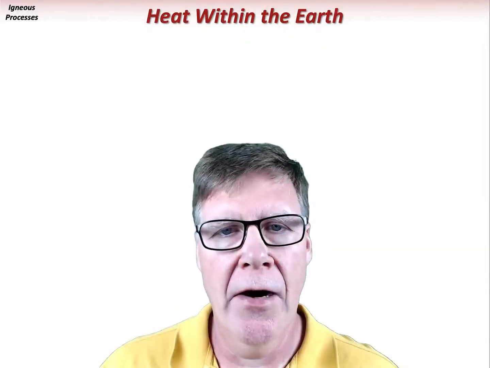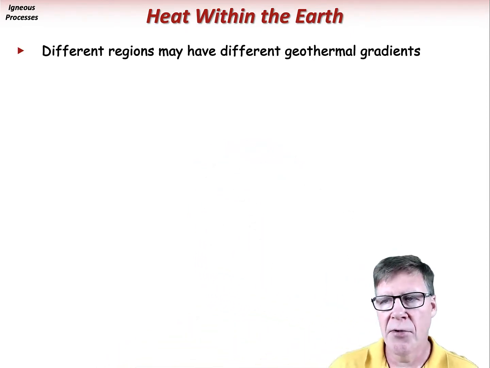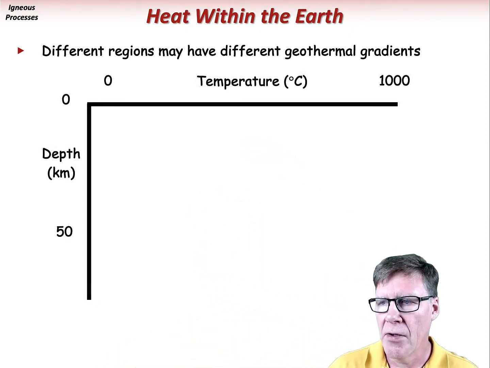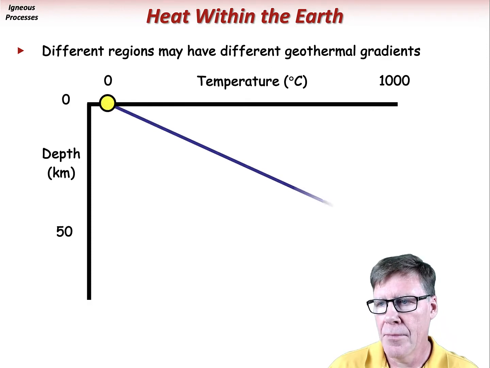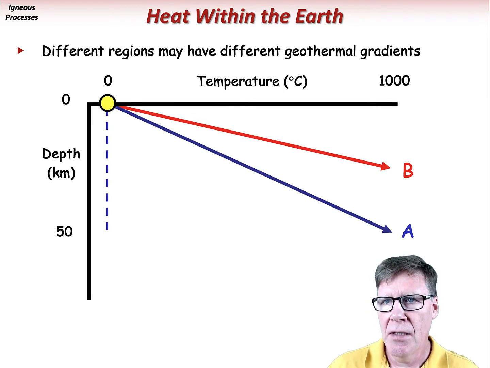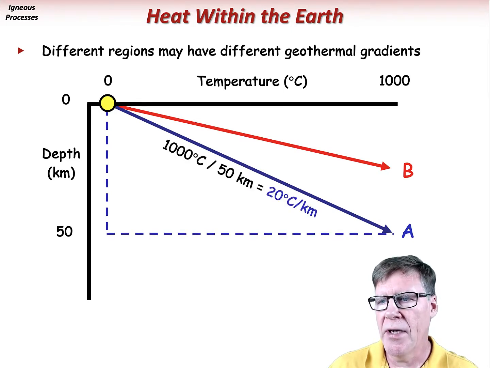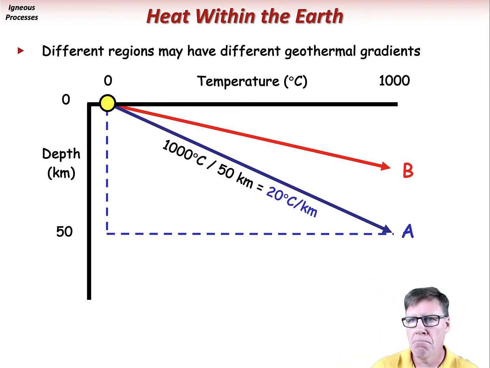Different geologic areas may have different geothermal gradients. Let's look at a simple example. Here's our DT diagram with two different geothermal gradients from two different areas. Geothermal gradient A shows an increase in temperature from 0 degrees to 1,000 degrees at 50 kilometers depth, and equals a gradient of 20 degrees C per kilometer.